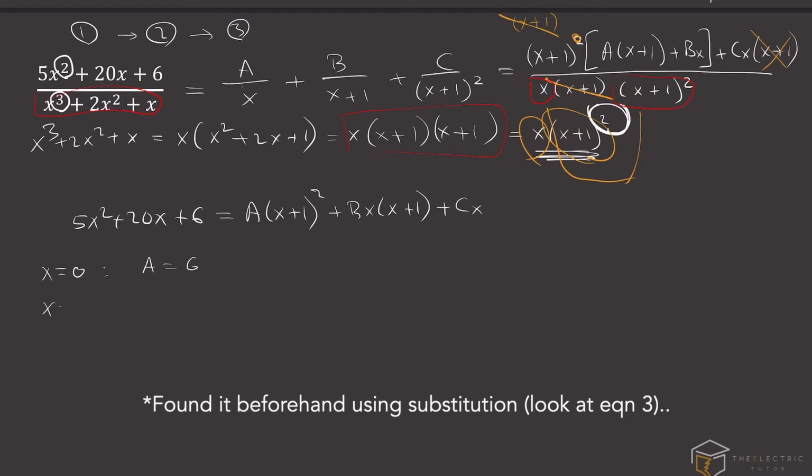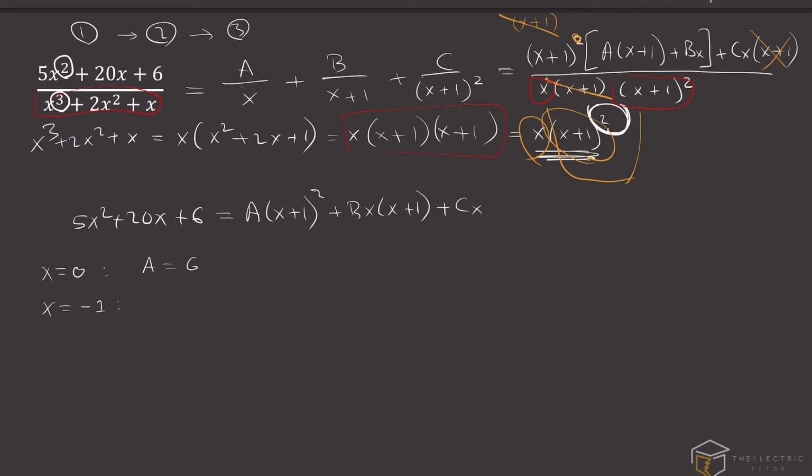If you set x to be equal to minus 1, you're going to be getting rid of both a and b, and so you'll end up with just the c, which will give you 9. And if you set x to be equal to 1, you already have the values of a and c, so you can get the b value with substitution, and b is going to be equal to minus 1. Verify this for yourself to see if it's correct.